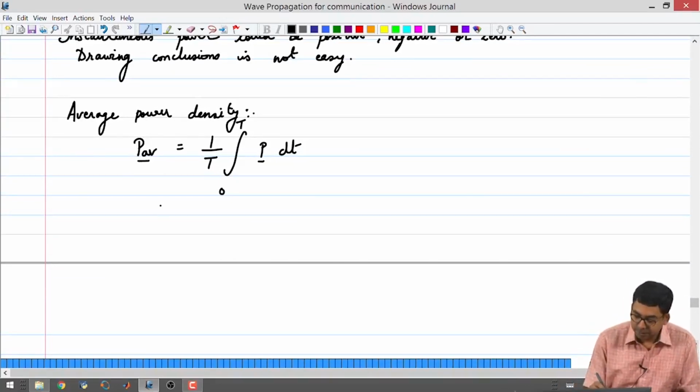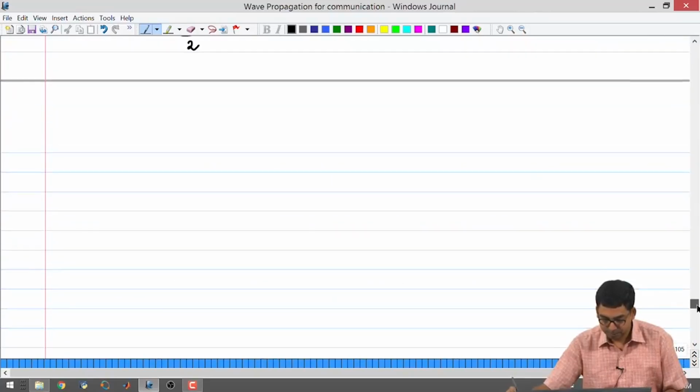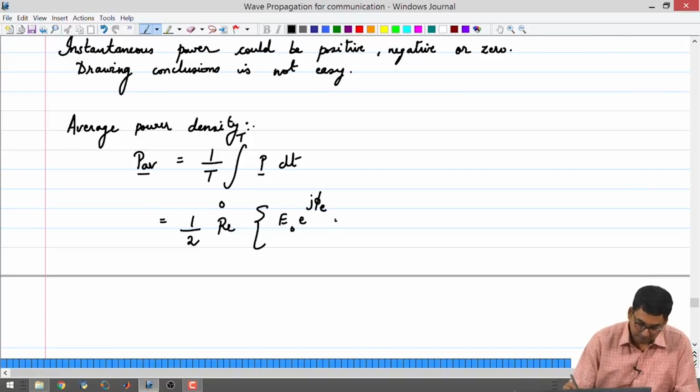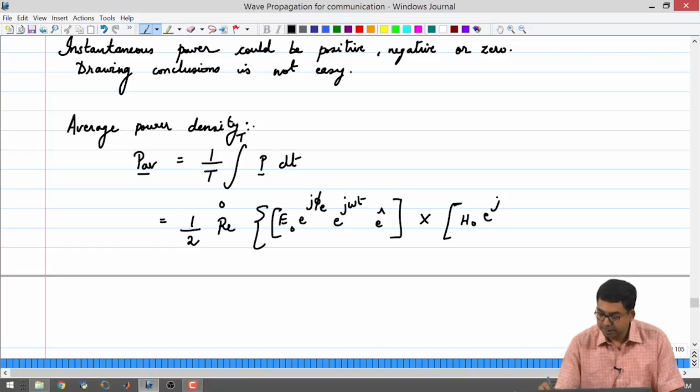So, this can also be written as half real part of E naught e to the j phi E, e to the j omega t, E hat, crossed with H naught e to the j phi H, e to the j omega t, H hat.